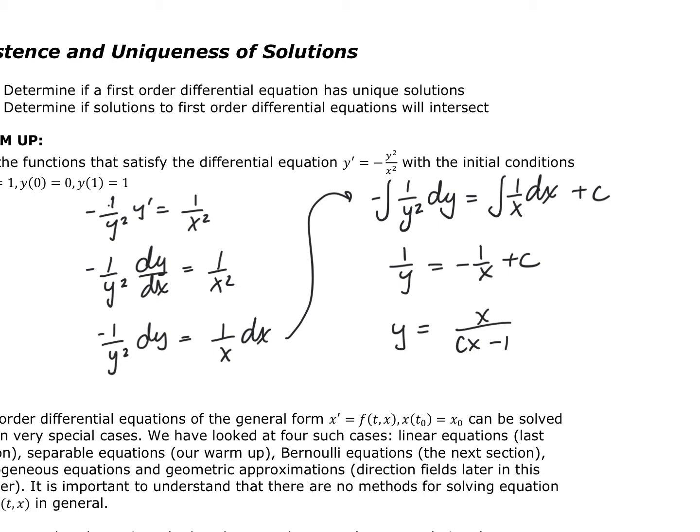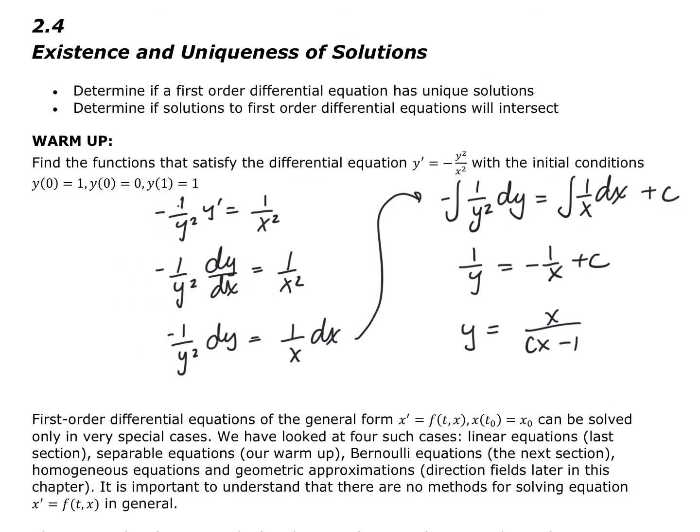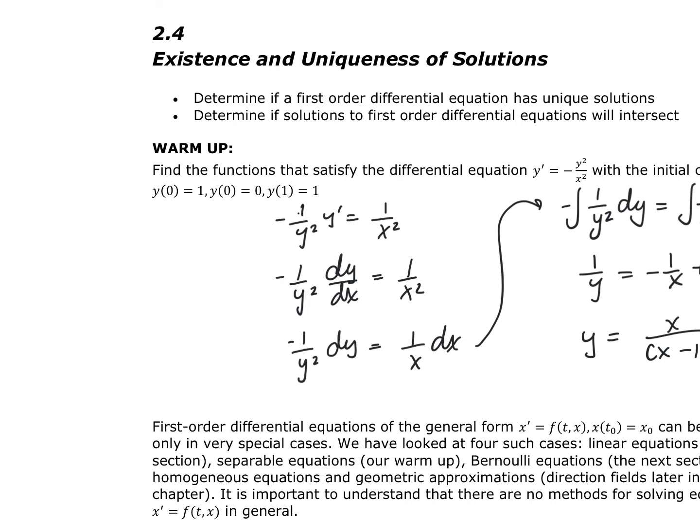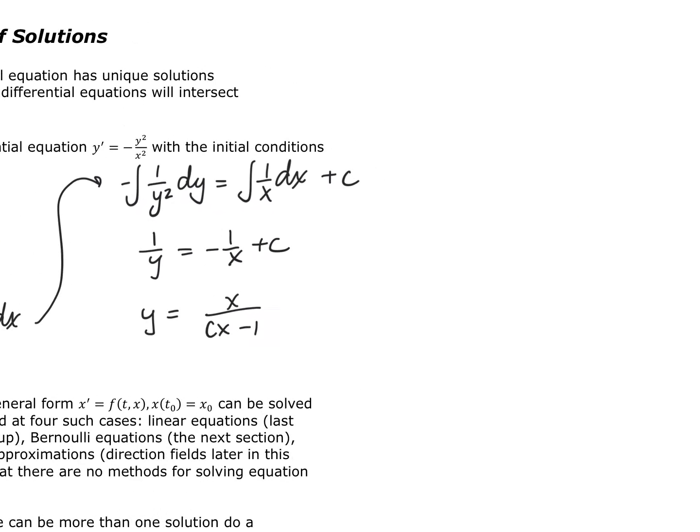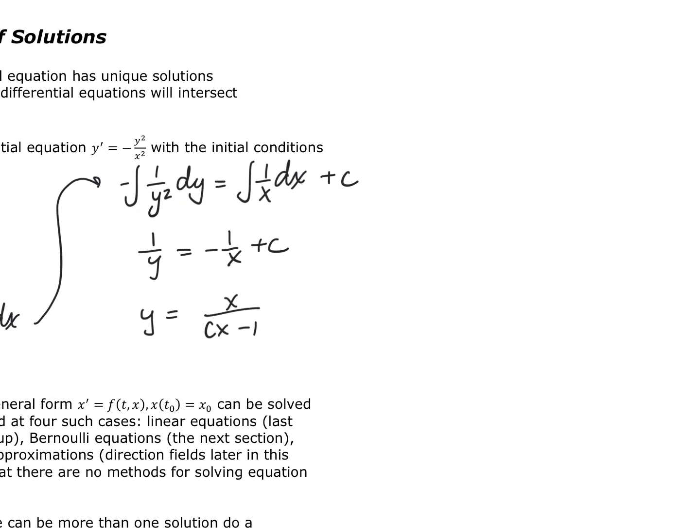Now with the initial conditions, we'll start with the first one. When x is 0, y is 1. So I plug that information into this equation, and I've got 1 is equal to 0 over 0 minus 1, which means 1 is equal to 0.